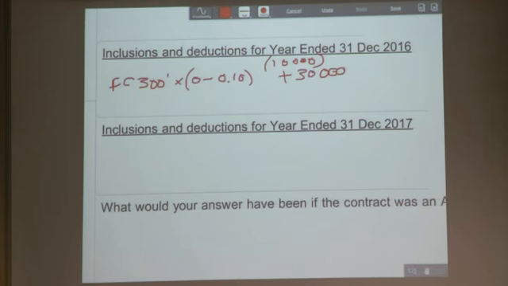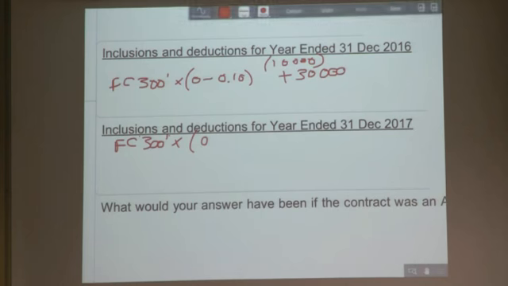Everybody with me? For the next year of assessment, my exchange difference is foreign currency 300,000 multiplied. Remember, always I start with the latest rate that I used and I go to the one that I'm busy calculating at.